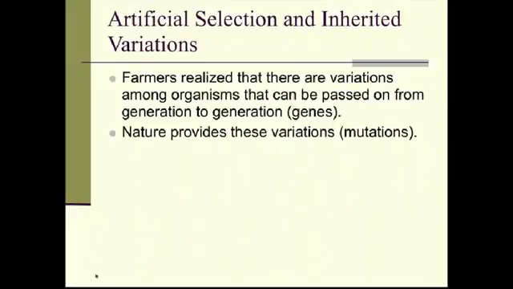All right. So what do we have for artificial selection and inherited variations? Well, we understand about DNA now. We know that children look like their parents, and we know why, and that children are limited based upon what their parents gave them in terms of the inherited characteristics. We know from artificial selection that if we choose the parents, we know what's going to end up in the offspring. At least we can predict the chances. So farmers realized this a while back and started selectively breeding crops.